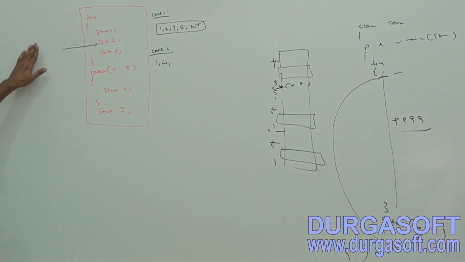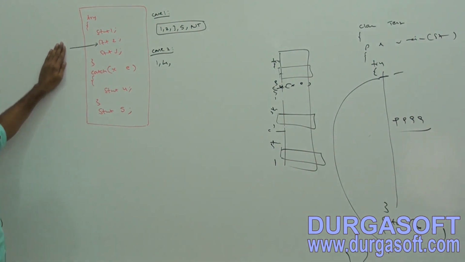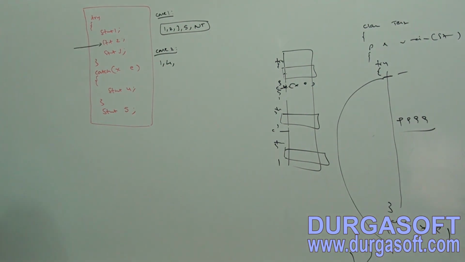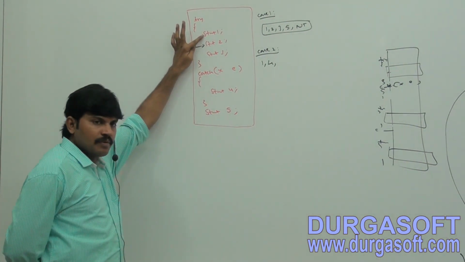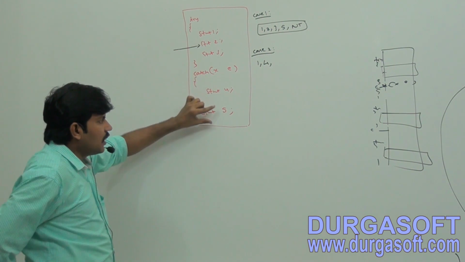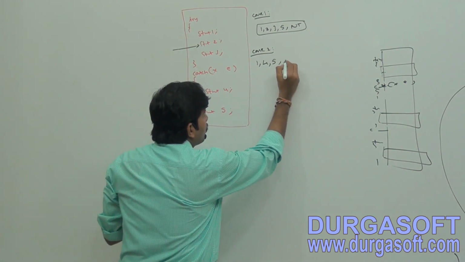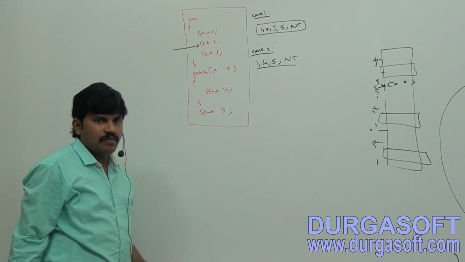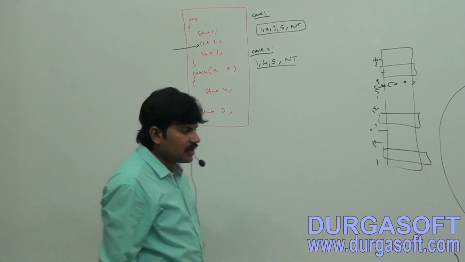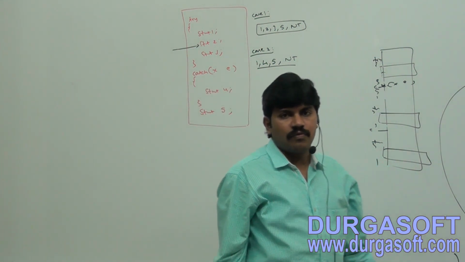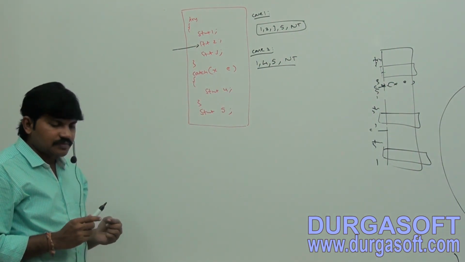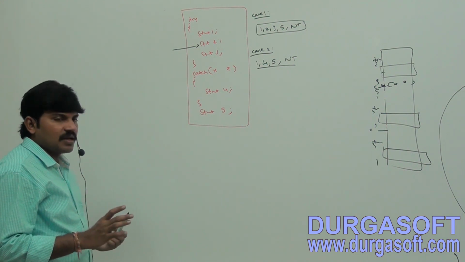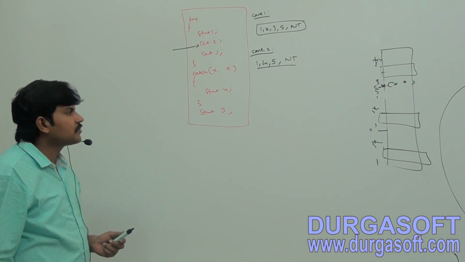An exception is raised at statement 2 and the corresponding catch block matched. 1, and then what? 4, and then 5. Normal termination. 1, 4, 5, normal termination. Okay, that's all. Next, case 3.